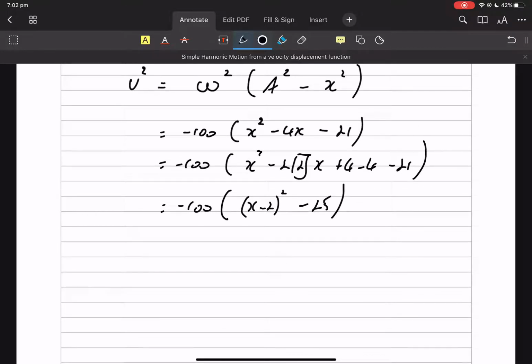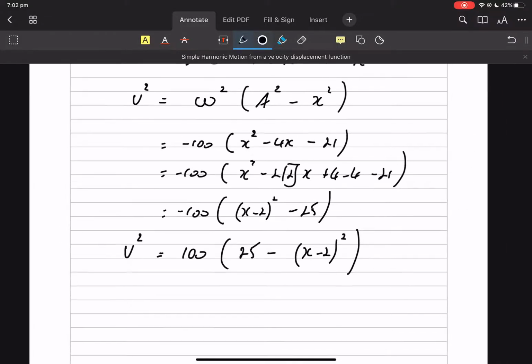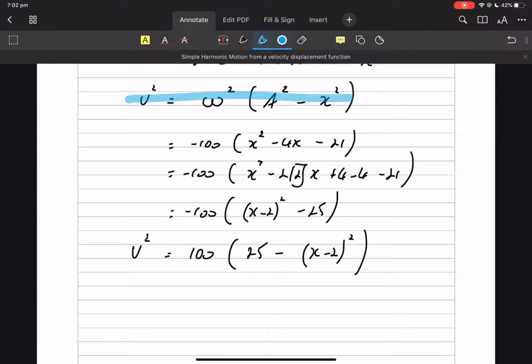So all of a sudden we get v squared equals, now I'm going to put that negative back into the bracket, so it becomes 25 minus x minus 2 squared, and that's in that pattern.